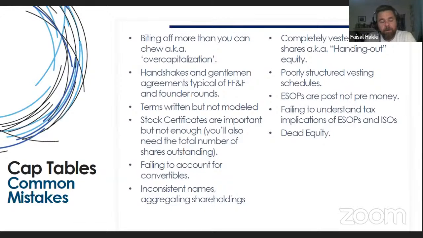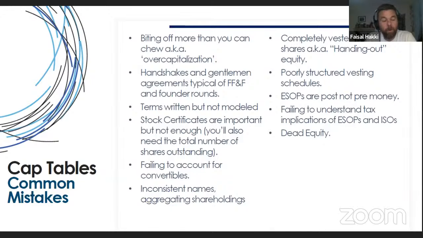And then there are the tax implications. I'm not sure how applicable that is for the majority of the startups that are in tax havens. But for some companies that are in taxable jurisdictions, this really does become a pain point, because employee stock options are taxable.